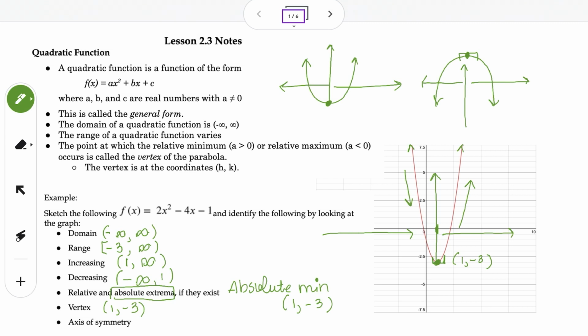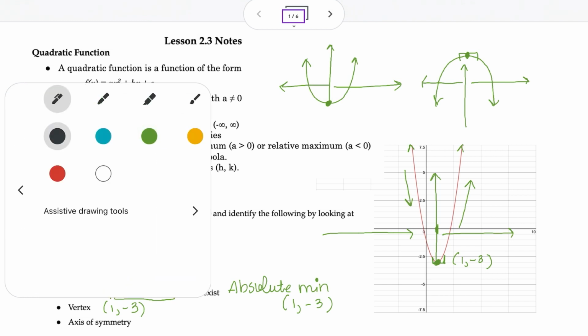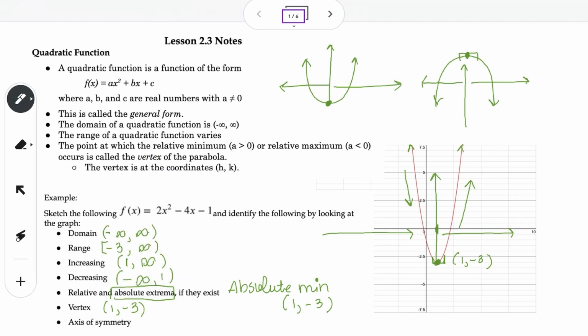If I were to put, let's grab a different color here, a vertical line down my vertex at the x value, so x equals 1, and I folded my paper on that line, we certainly would have a reflection. So x equals 1 is the axis of symmetry.